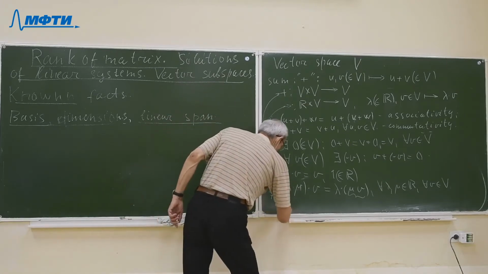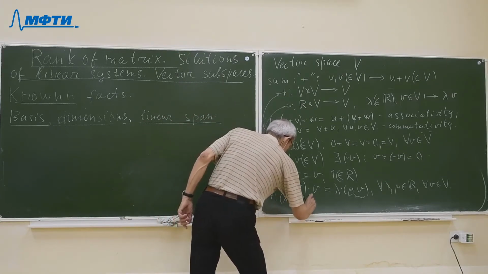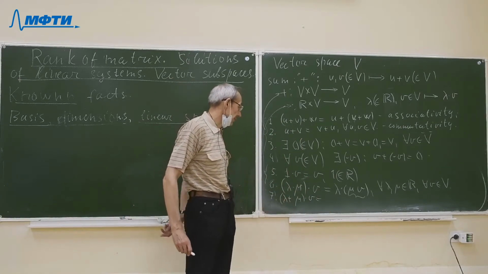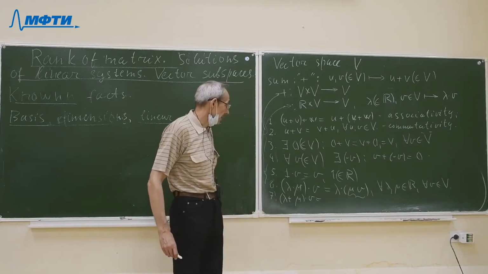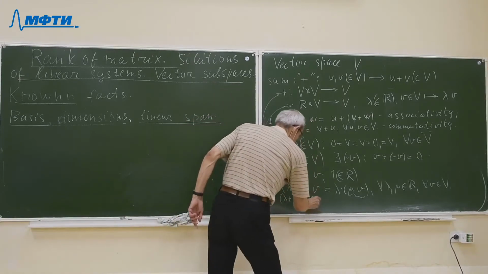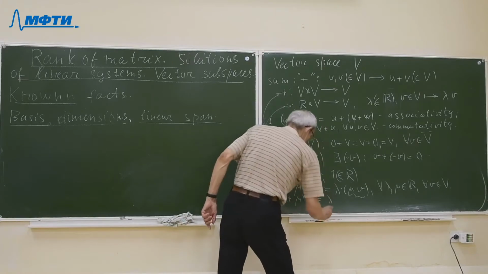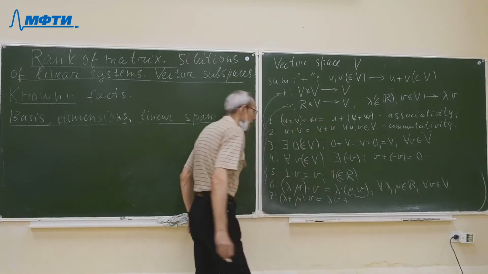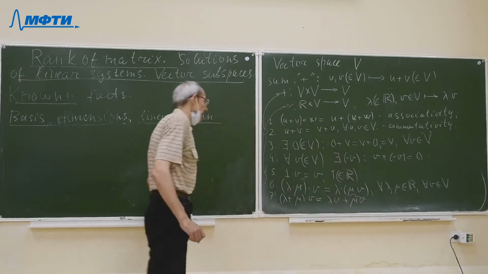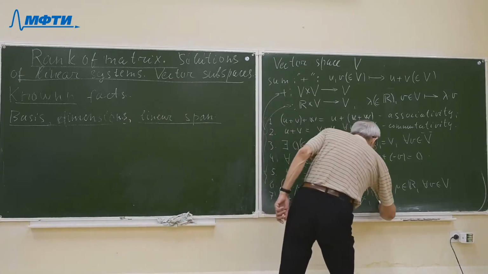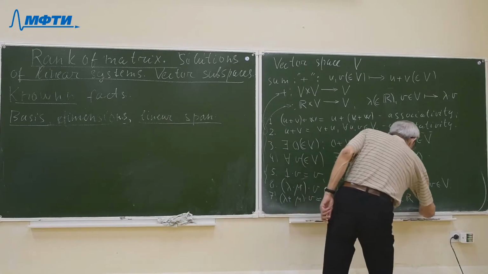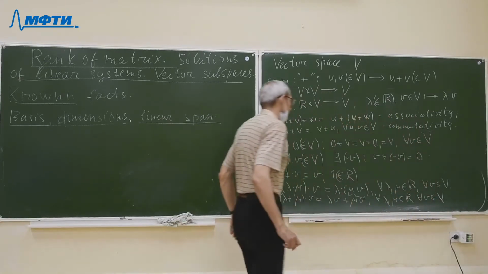If we have two real numbers lambda and mu and a vector v, and we add these real numbers and then multiply this sum by the vector v, this vector is equal to the sum of two vectors: the product of lambda and v, and the product of mu and v, for any lambda, mu from R and any vector v.